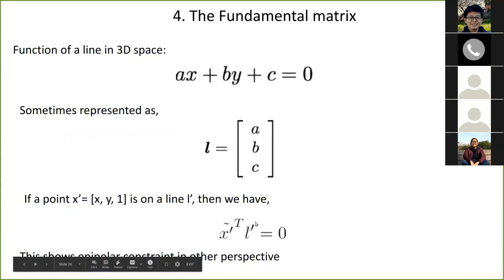This further proves that the correspondence in another view is located exactly on the epipolar line of that view. Okay.